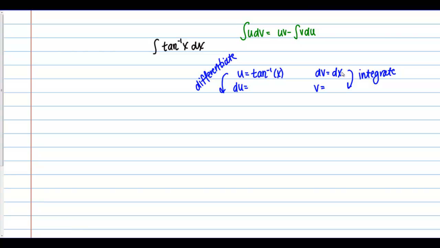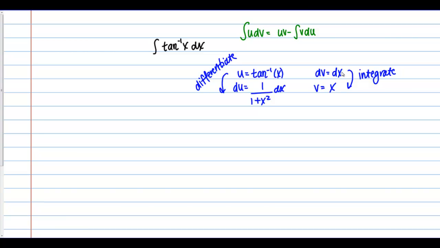To compute du, I need to take the derivative of the inverse tangent. You probably haven't seen this in a long time, but you did learn this formula at one point. The derivative of the inverse tangent is just 1 over 1 plus x squared, dx in this case. And then for my v, I'm going to integrate dx, which is just going to give me x.